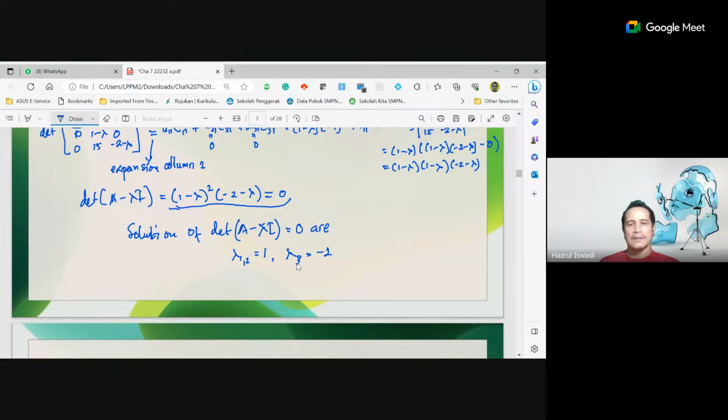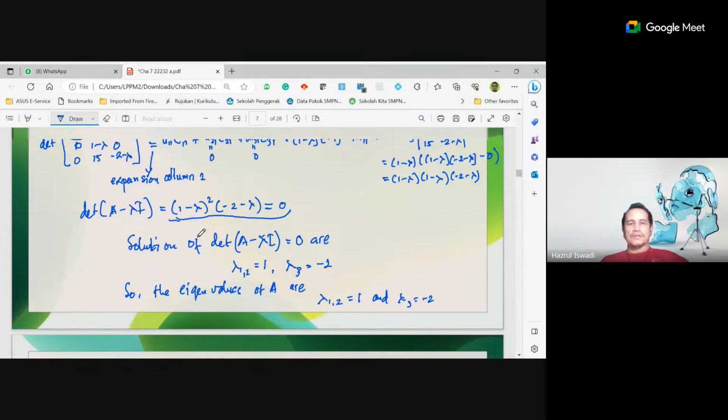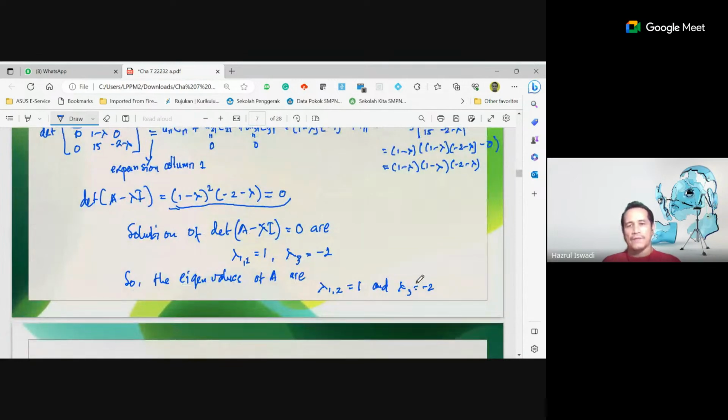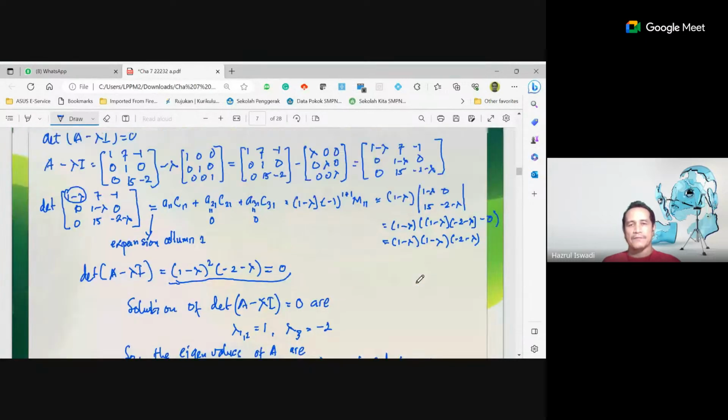So this is our eigenvalue. The eigenvalues of A are lambda 1, 2 equal to 1, and lambda 3 equal to minus 2.